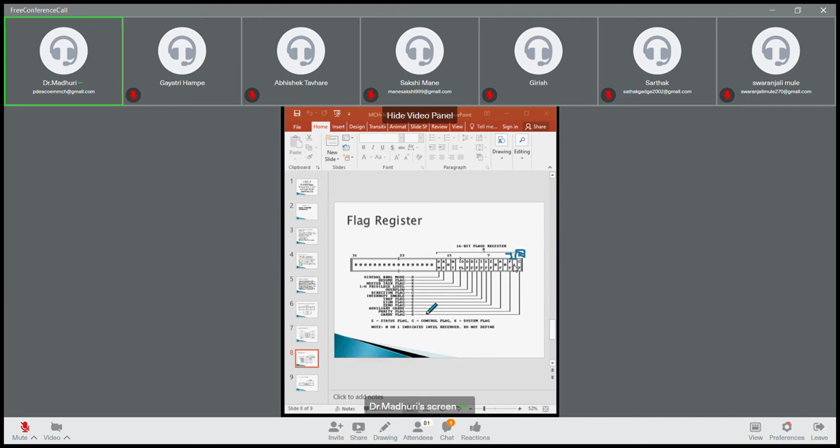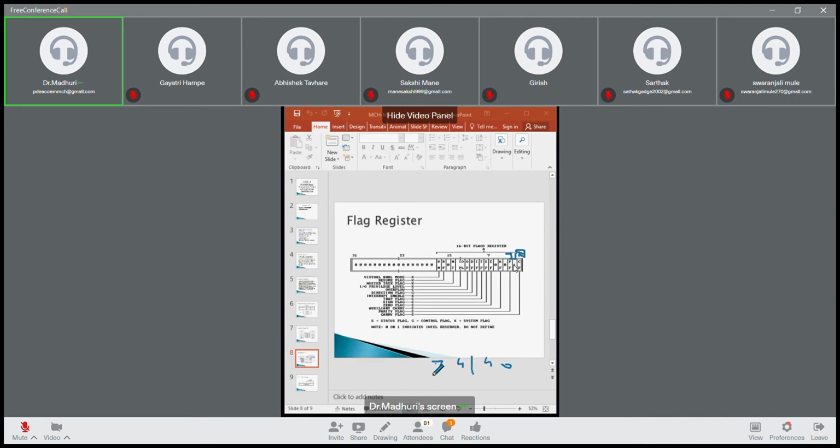When there is even parity, it represents the number of 1 bits in the lower byte only. Let me give one example. Suppose this is a 0 to 7 bit, 8-bit value, with the lower 4 bits and upper 4 bits.